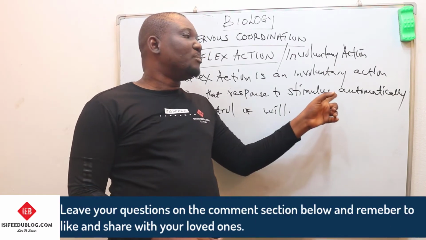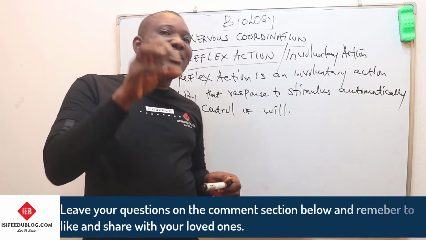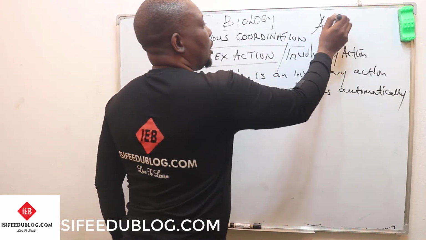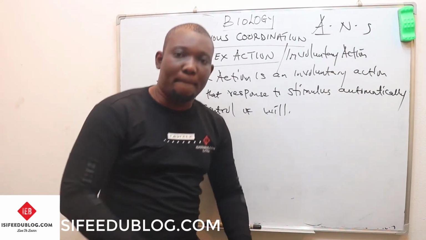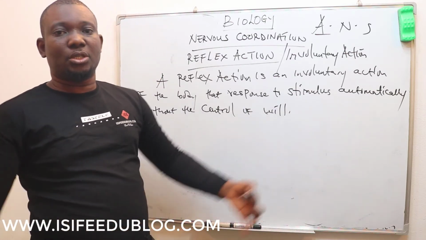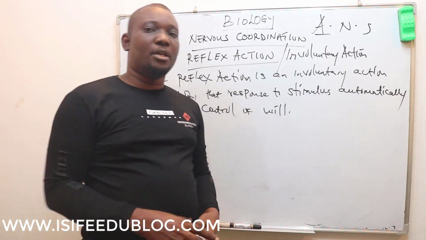The activities of reflex action are controlled under the peripheral nervous system called the autonomic nervous system. The word autonomic means automatic. So the body automatically switches over and responds very fast, very quick to such stimuli.